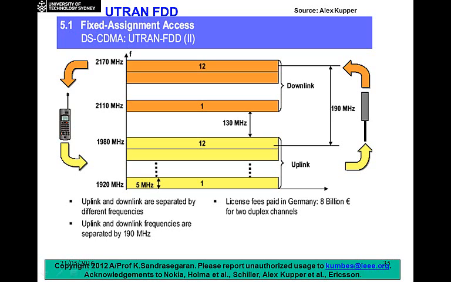Each operator who intends to use a 3G network would have purchased one of these chunks, and these were mostly sold in the form of auctions, and a lot of operators paid a lot of money to get these 5 megahertz chunks.